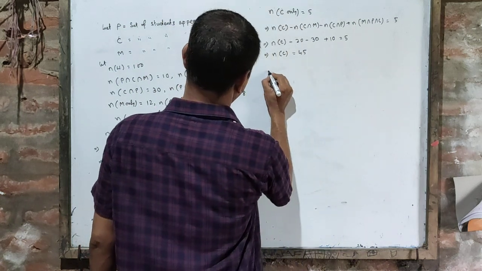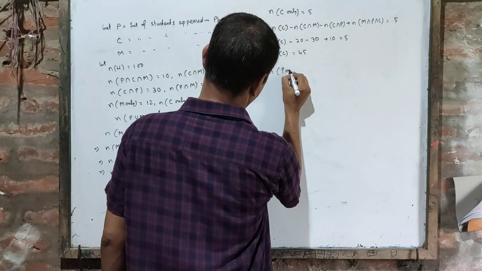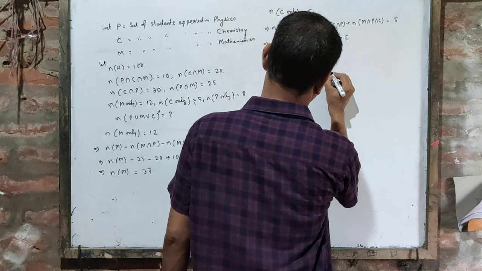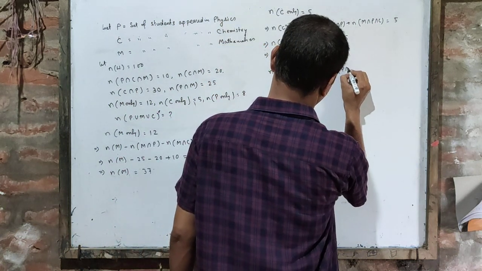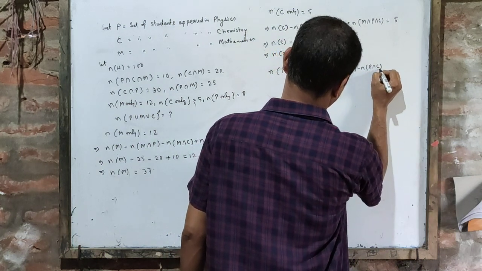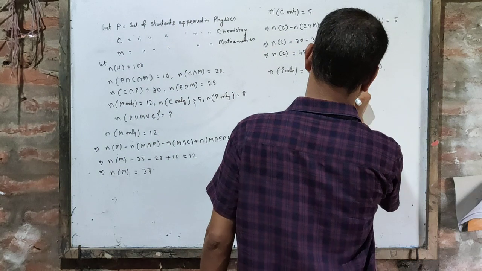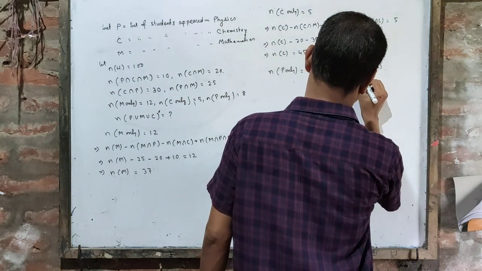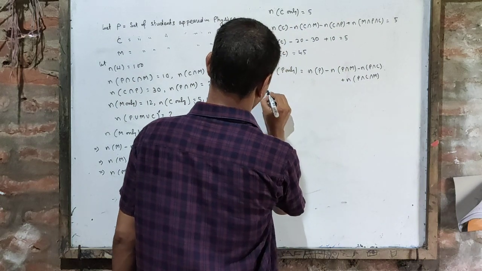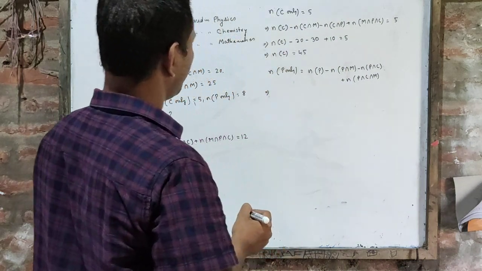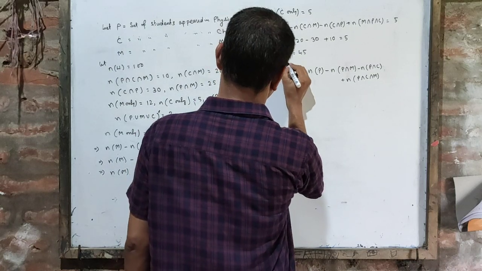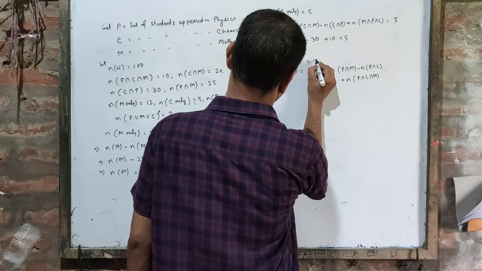Alright? Then N of P only is equal to N of P minus N of P intersection M minus N of P intersection C plus N of P intersection C intersection M. Write the values. N of P only is how much? 8.